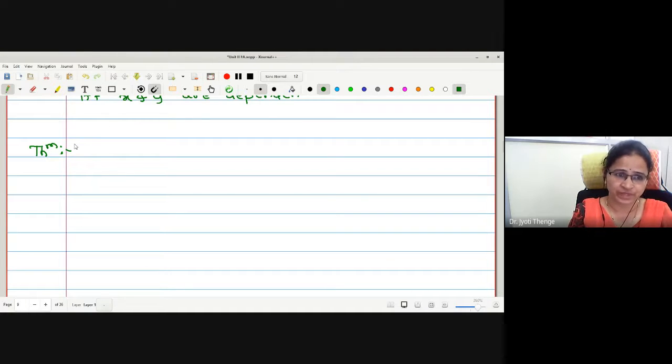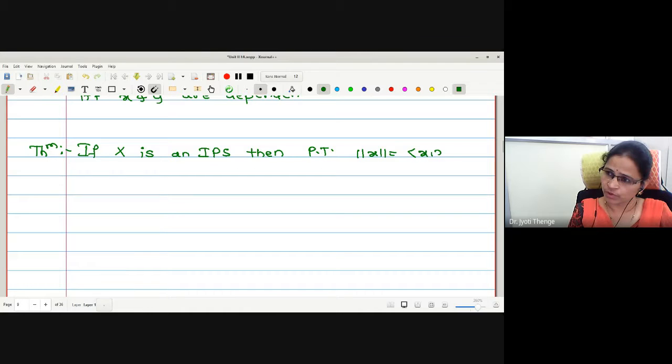If capital X is an inner product space, then we prove that norm x equals inner product xx raised to half is a norm on X. Okay, if I want to show it's a norm on X, what does one have to do?